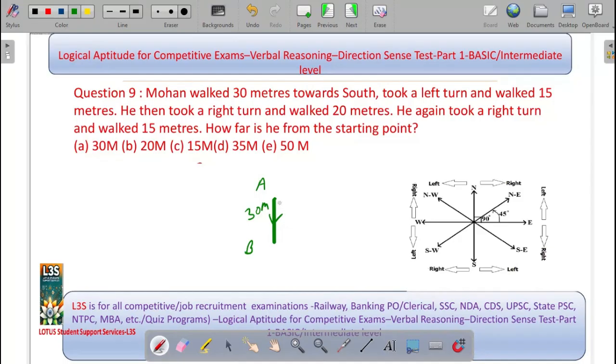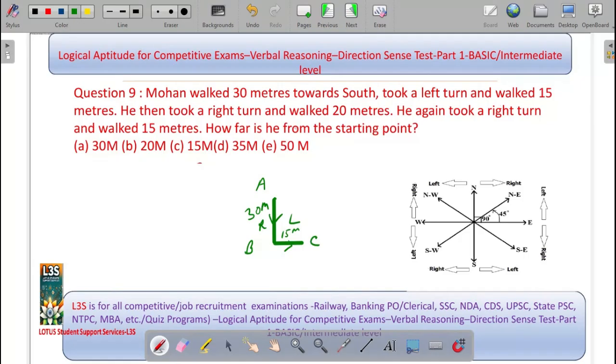Then when he is moving here, this is his right, this is his left. So he took a left turn and walked 15 meters. So he will take a left turn and walk 15 meters. This is 15 meters. This is C.